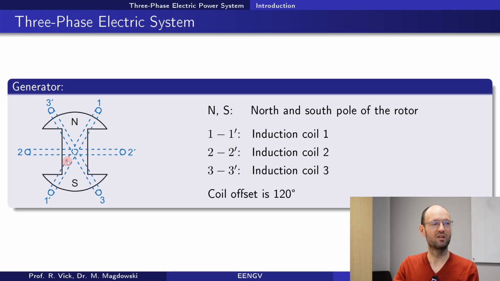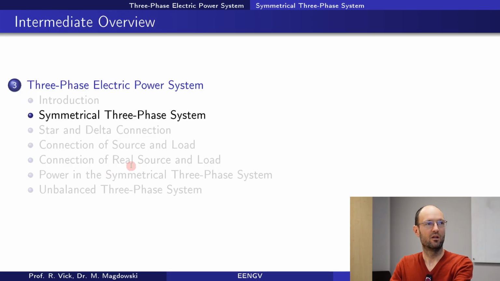So they will have the same magnitude, the same frequency, and because of this shift of the coils by 120 degrees in space, there will also be a time shift, a phase shift of these induced voltages by 120 degrees. These will be the voltages that we could measure at this coil, at this coil, at this coil.